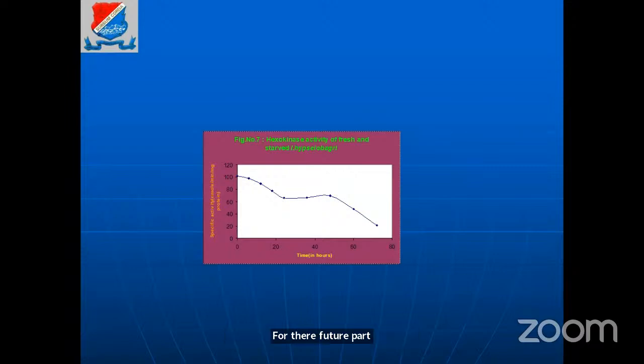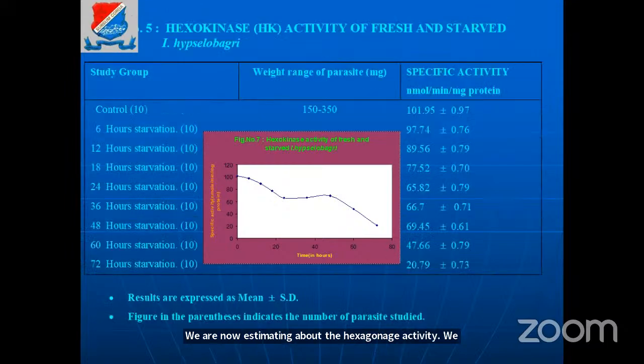For their metabolic pathway, we are now estimating the hexokinase activity. We know that glucose is converted to glucose 6-phosphate by the enzyme hexokinase.